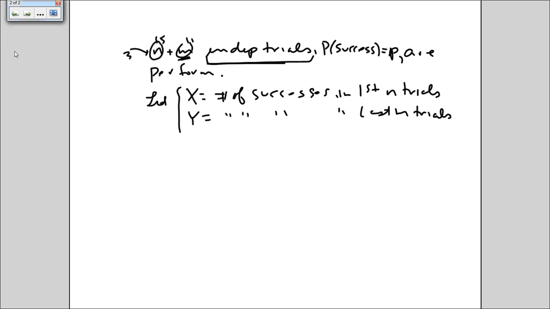But we need to prove it. We need to prove it. The probability that X equals I and Y equals J. Normally we write a comma.